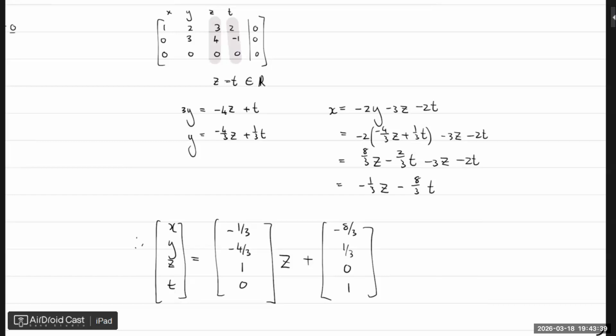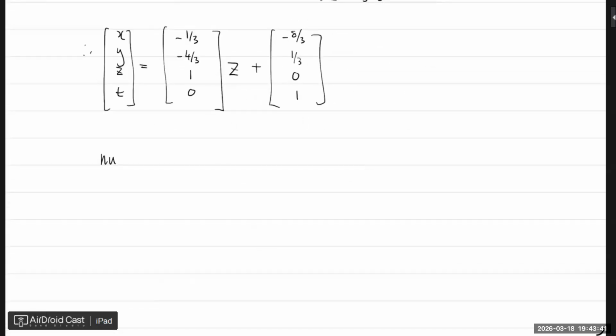So the null space of A is the span of (-1/3, -4/3, 1, 0) and (-8/3, 1/3, 0, 1).